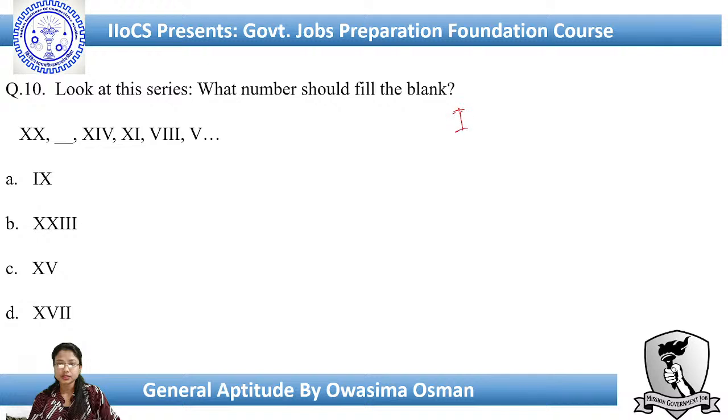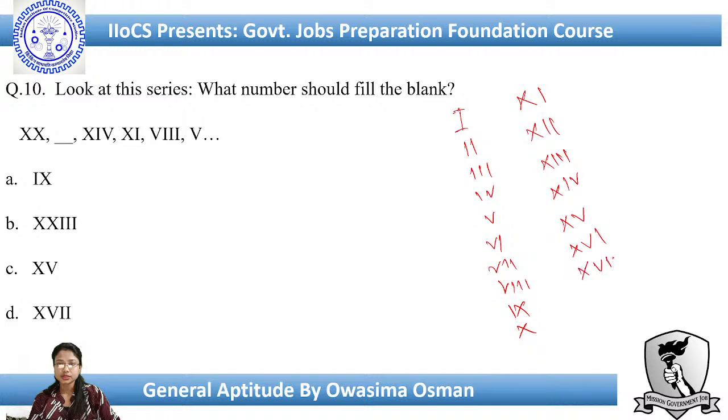We all know that in Roman digits this is 1, 2, 3, 4, 5, 6, 7, 8, 9, 10, and 10 with 1 is 11, then 12, 13, 14, 15, 16, 17, 18, 19, and 20.